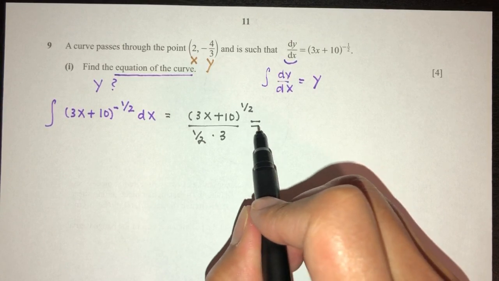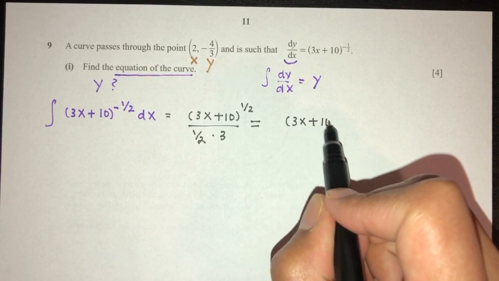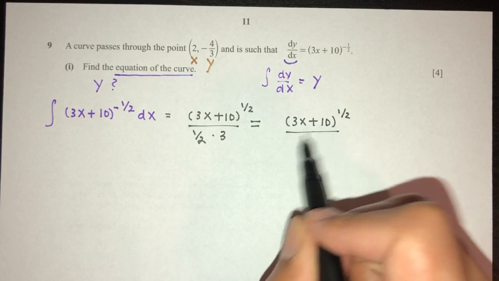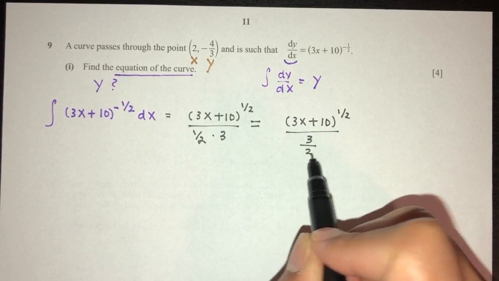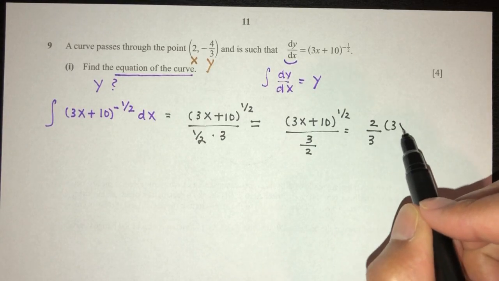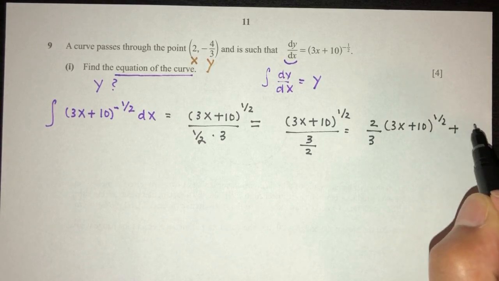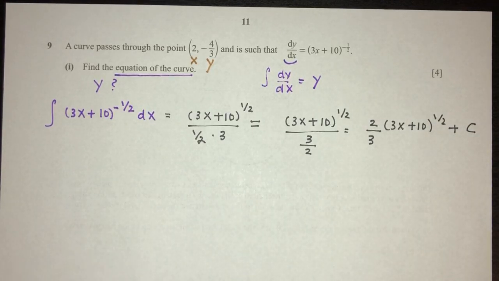That is equal to (3x plus 10) power half over 3 over 2, which is 2 over 3 times (3x plus 10) power half. Of course, we have to add c for the constant of integration.